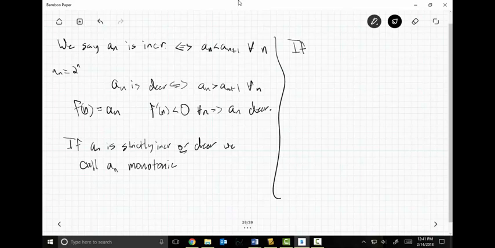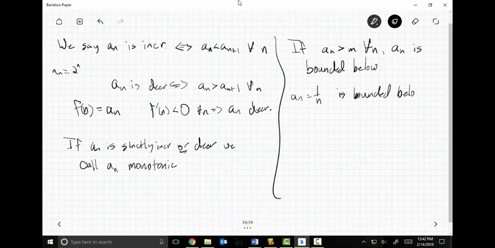Now, one more thing. If a sub n is greater than little m for every n, we say a sub n is bounded below. In other words, there is no value of n such that a sub n is going to be less than m. For example, we know that 1 over n is bounded below by 0.